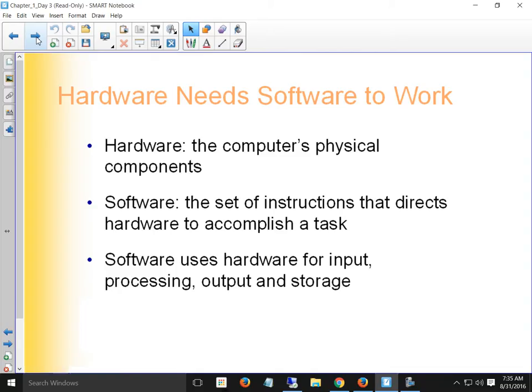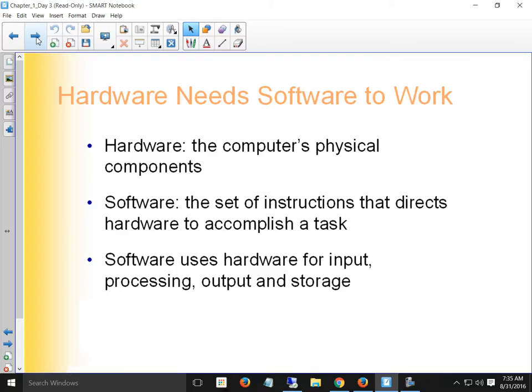Okay? We already said this, but as a review, hardware is something physical. If I can't touch it, it's not hardware. So when we talk about the difference between hardware and software, hardware are those physical things that I can touch and feel in a computer. Software is the set of instructions that tells the hardware what to do. It's our operating system, it's BIOS, it's Microsoft Word, it's any piece of any program that runs on our computer.